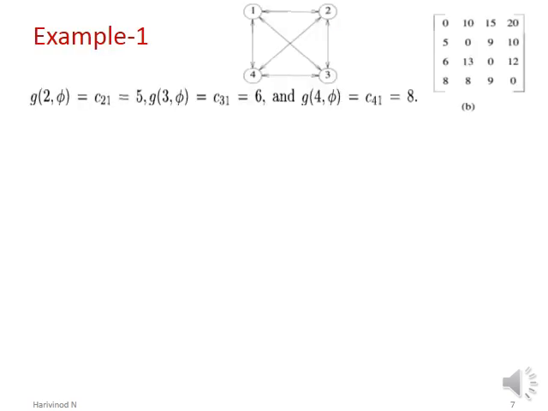Let us take one example and try to solve the traveling salesman problem for it. Let us consider a problem having 4 cities, 4 nodes in the graph, and all cities are connected to all other cities. Their respective weights are given here.